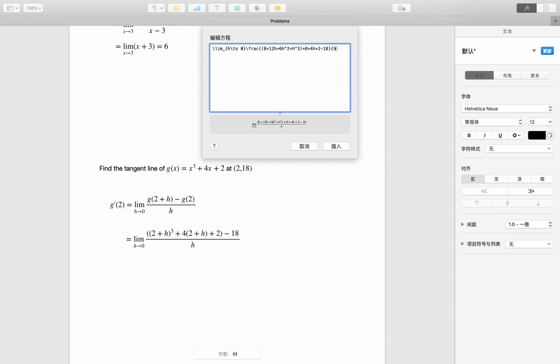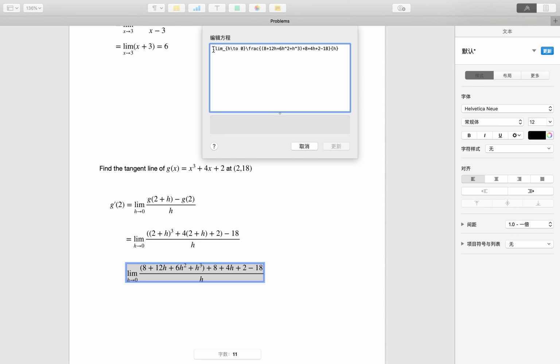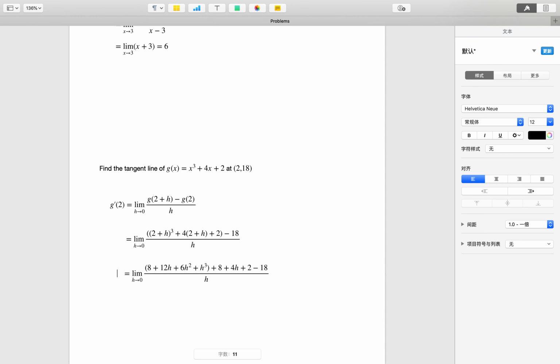The denominator is still h. Why do I always forget the equal sign?